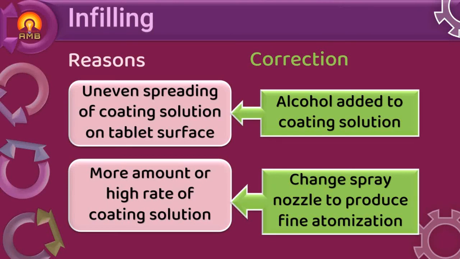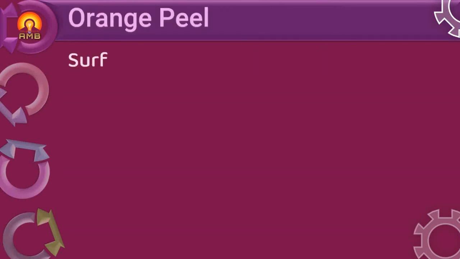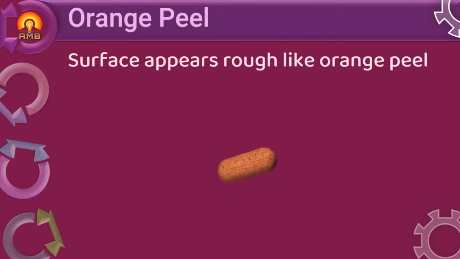And the last defect of tablet coating is orange peel. If the surface of the coated tablet appears rough like orange peel, this defect is called orange peel.